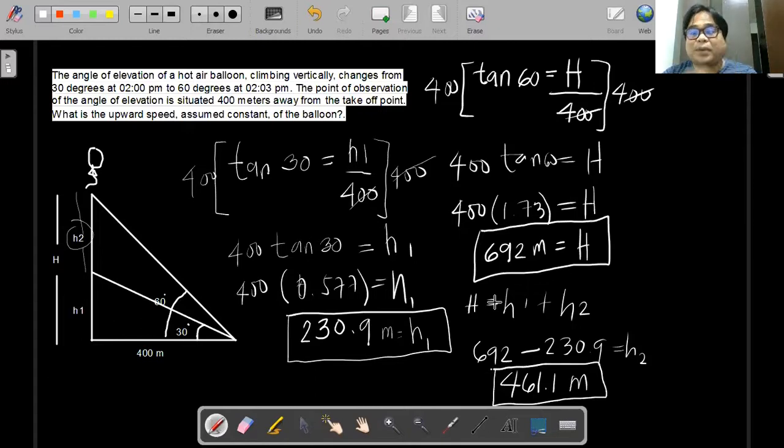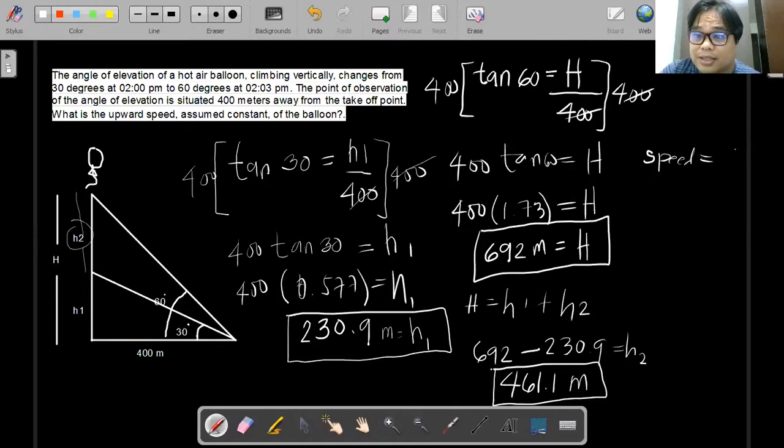All right, so we already have that height. The question is speed. So what is the formula for speed? Speed is equal to distance traveled over the time it took to travel that distance.